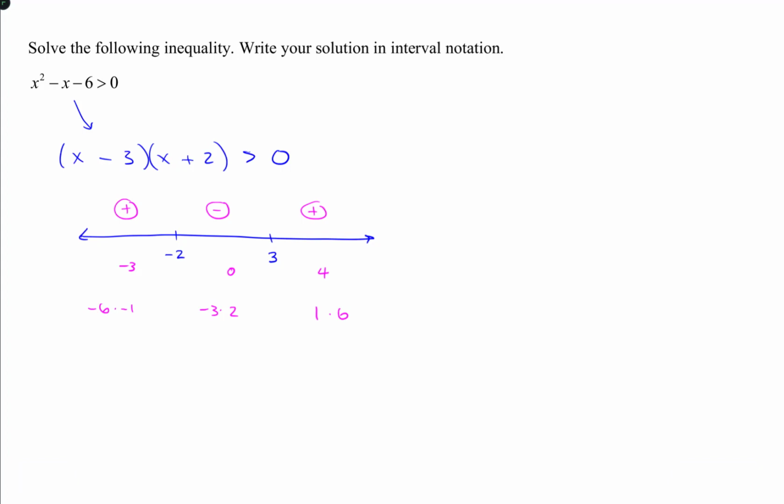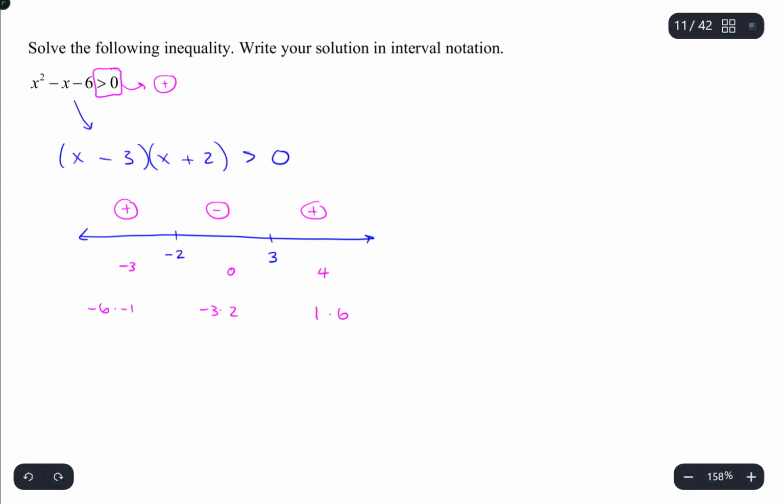So if I want to know where this function is greater than 0, I want to know where it is positive. So that's on this interval from here, and then up to this point. But since it's just greater than 0, we're not actually going to include that point.